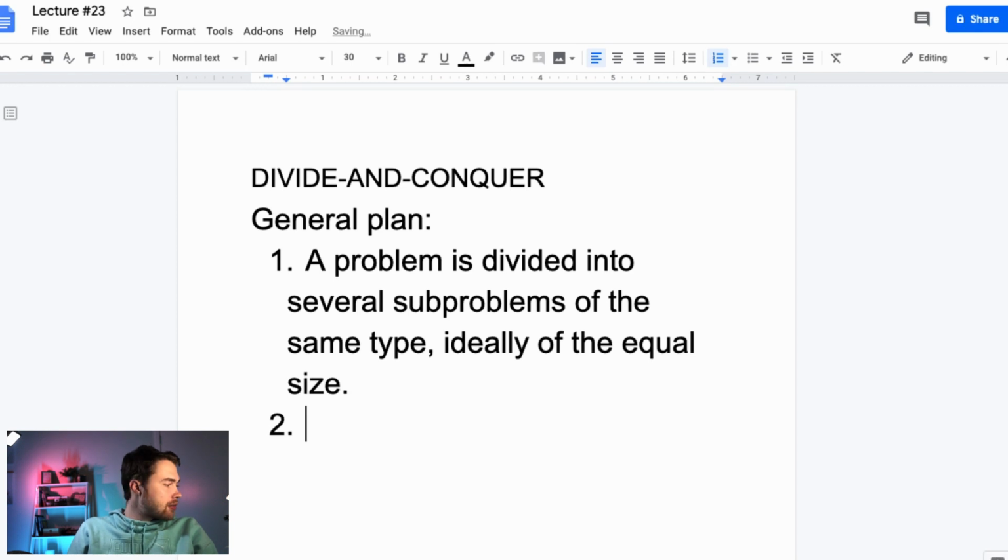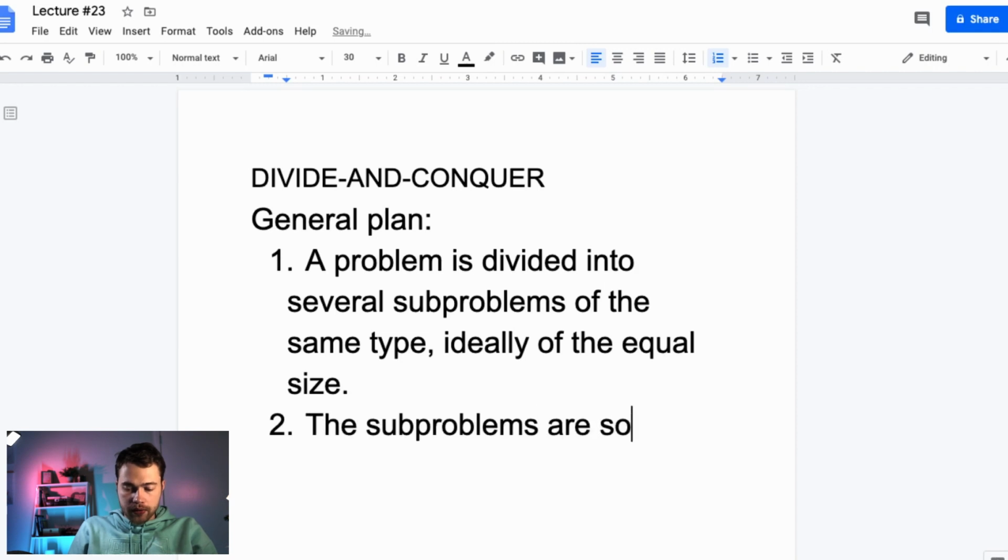Step number 2, the subproblems are solved, typically recursively.